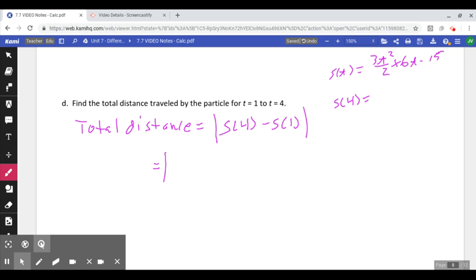We'll have 3 times 4 squared divided by 2, which is 3 times 8, or 24. Or you could do 3 times 16, which is 48, divided by 2 is also 24. Then we'll have 6 times 4, which happens to be 24, and then minus 15. So s at 4 will be whatever 48 minus 15 is, so that should be 23. Or 33, how about that?